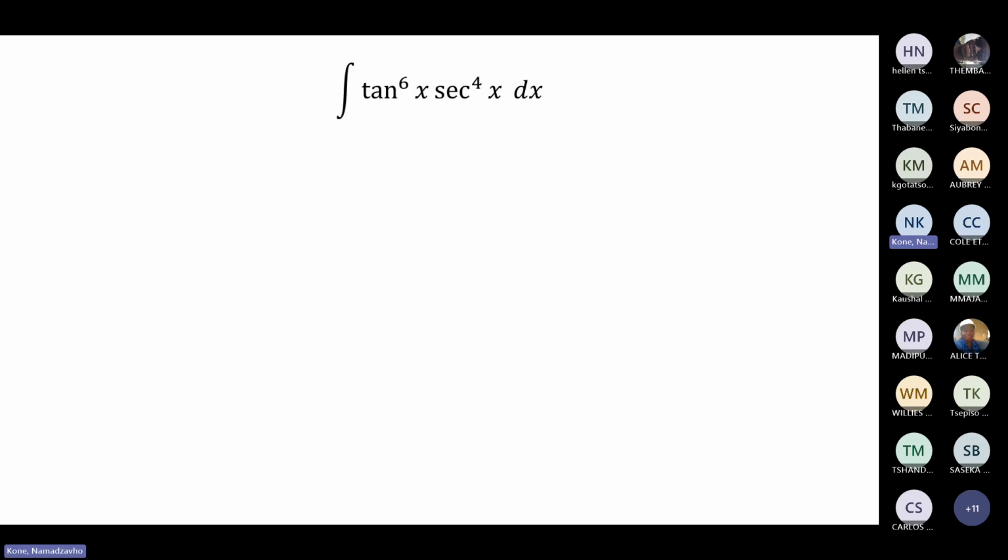If we take away one tan x and one sec x, so that we have tan x sec x as our derivative on the side, whatever we remain with, will we be able to work with that?